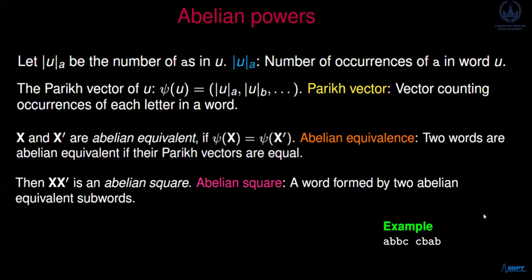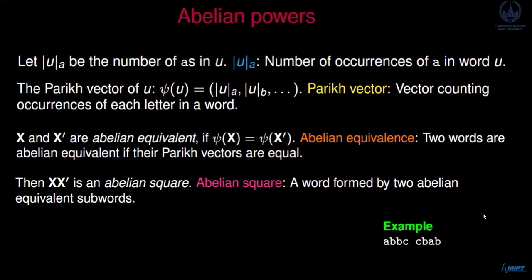First, we define the Parikh vector of a word U, denoted by psi of U, as the vector of the occurrences of each letter in U. For example, the vector of the word ABBC counts how many times each letter from the alphabet appears. I mean, psi of ABBC is equal to (1, 2, 0, 1), because A appears one time, and we have 2 B's, 0, and 1.